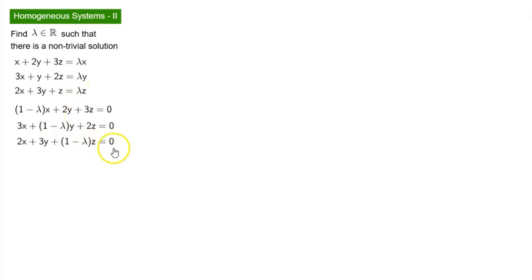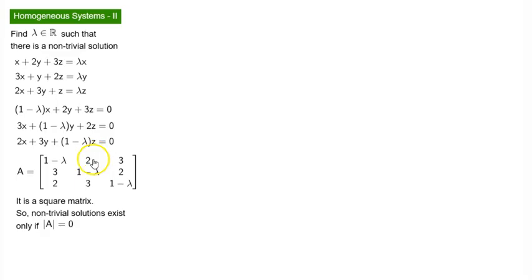So we have the homogeneous system of equations. Now the coefficient matrix will be A is equal to [1 minus lambda, 2, 3; 3, 1 minus lambda, 2; 2, 3, 1 minus lambda]. It is a square matrix. So non-trivial solutions exist only if the determinant of A equal to 0.